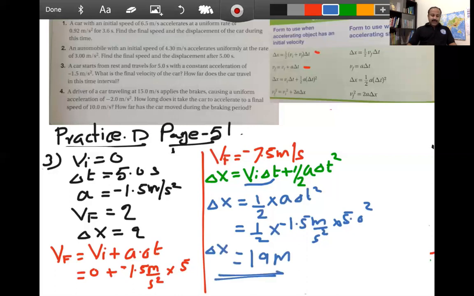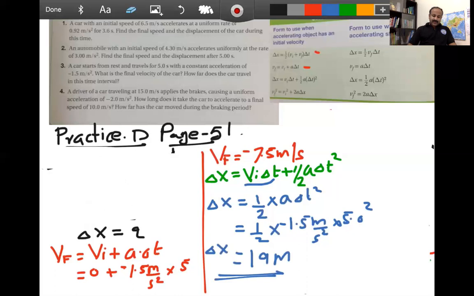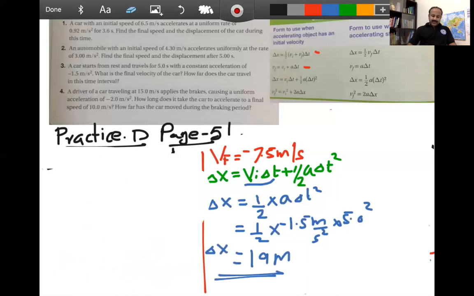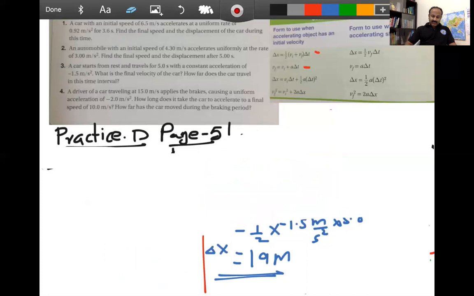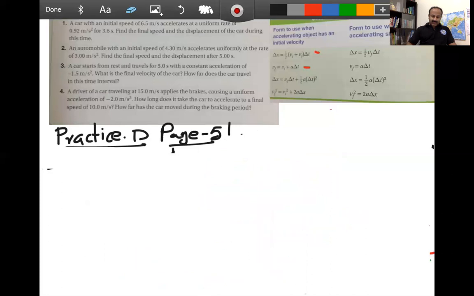Okay, now we will do question number 4. Question number 4: a driver of a car traveling at 15 meter per second applies brake. So his initial velocity is 15 meter per second, causing a uniform acceleration of minus 2 meter per second square.